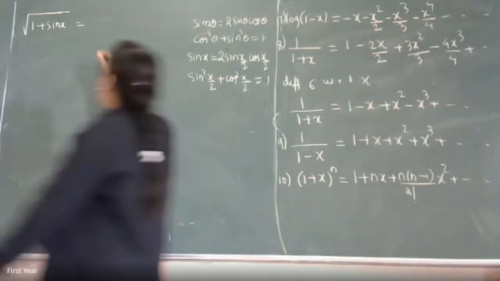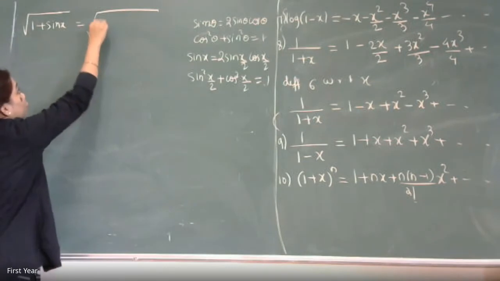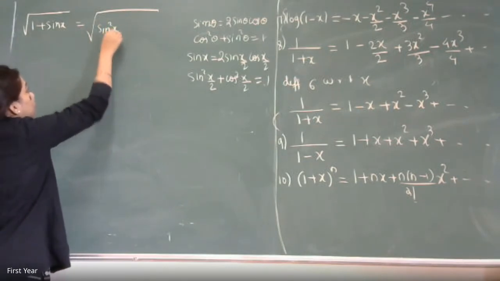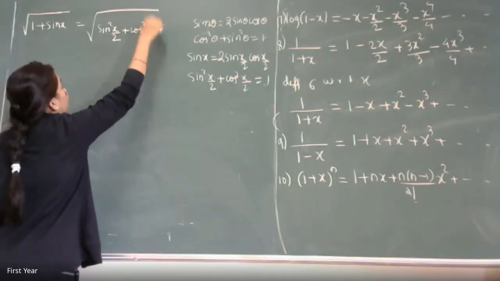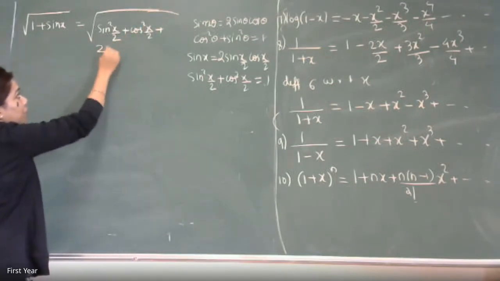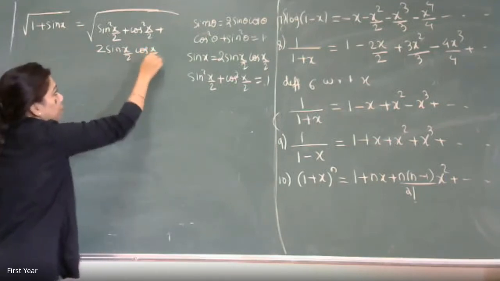So just see, I'm using this one: sin square x by 2 plus cos square x by 2 plus 2 times sin x by 2 cos x by 2. Is it okay?